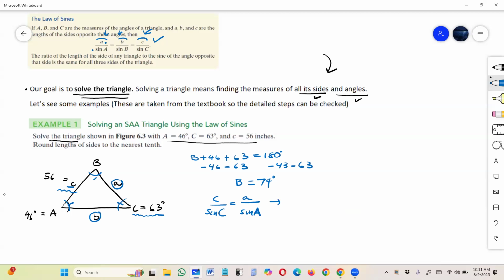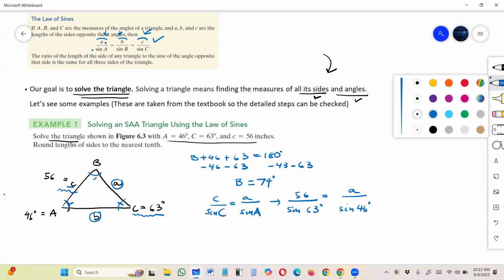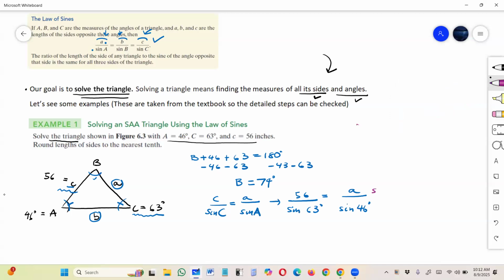Okay. So now I have side c, which is 56. I have the angle C, which is 63. So sine of 63 equals a over sine A. This is what I'm looking for. And I have angle A, which is 46. So this is what I have. Now I need to solve for a, so I am going to multiply both sides, and I'm going to do this here on the side, by sine 46 degrees.